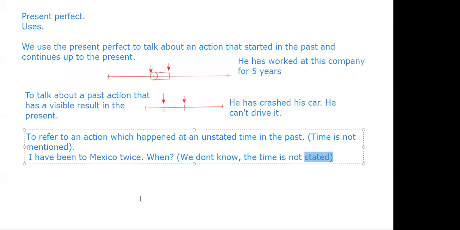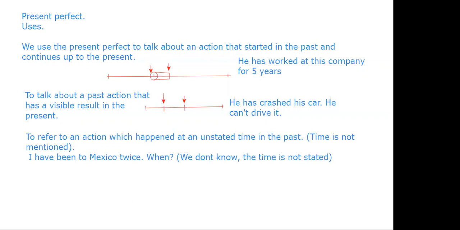Good. And the last but not least, to refer to an experience. Okay? When you refer to an experience, we also use the present perfect.